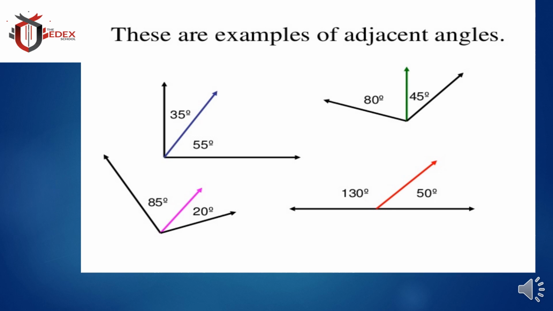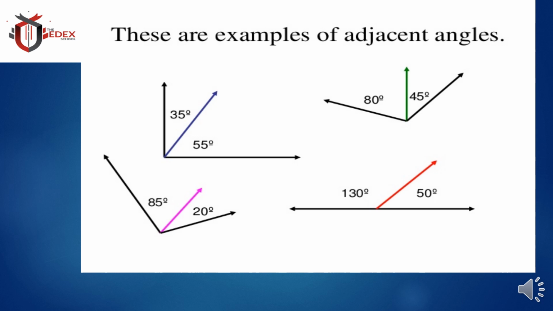Here are some examples of adjacent angles. Look at the first example. 35 and 55 both are adjacent because they share a common side and a common vertex. 80 and 45 are also adjacent angles, same for 85 and 20, 130 and 50. Can you notice something?